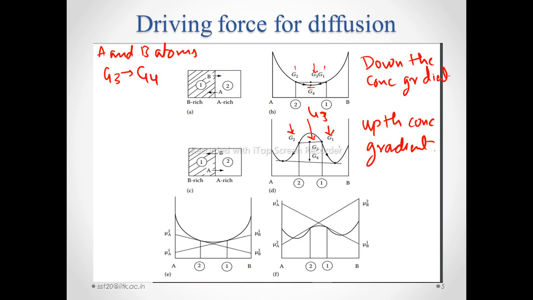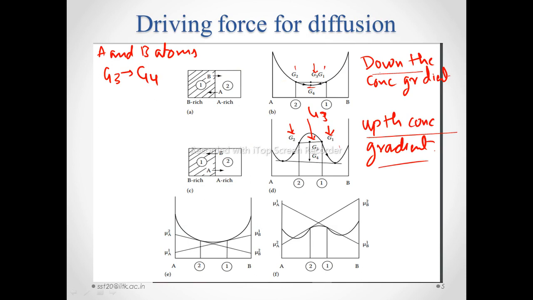So in case 1, the diffusion takes place down the concentration gradient, whereas in case 2, the diffusion takes place up the concentration gradient, right? But we can't say the concentration gradient alone is the driving force for diffusion, because in both cases it's totally different, correct?